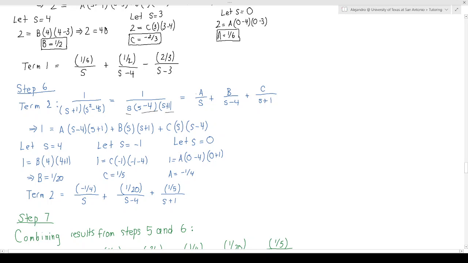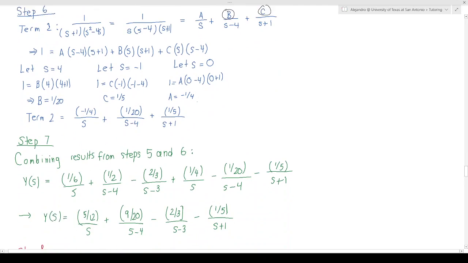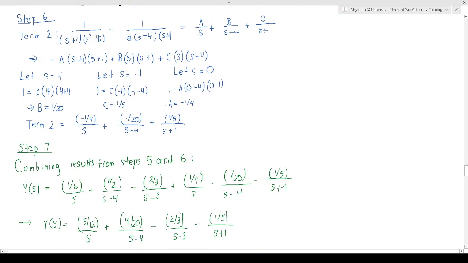So we just use constants a, b, and c. And in a similar way to what we did in step 5, we let s equal 4, s equal to negative 1, and s equal to 0. The goal is just to find a, b, and c. So we get term 2: negative 1/4 over s plus 1/20 over s minus 4 plus 1/5 over s plus 1.